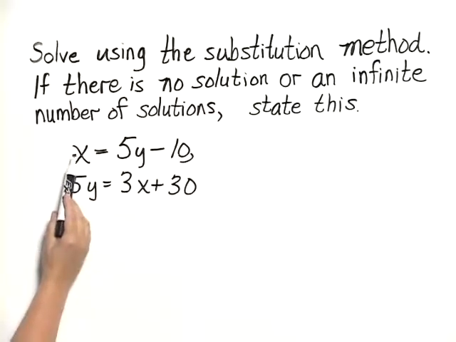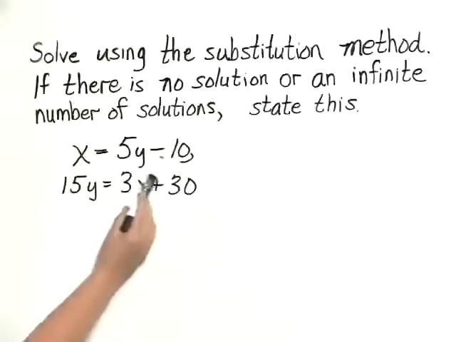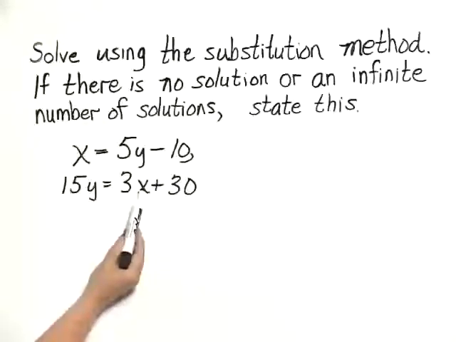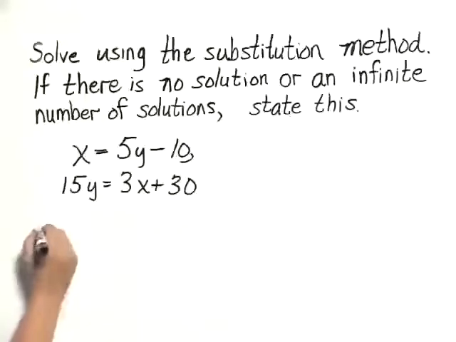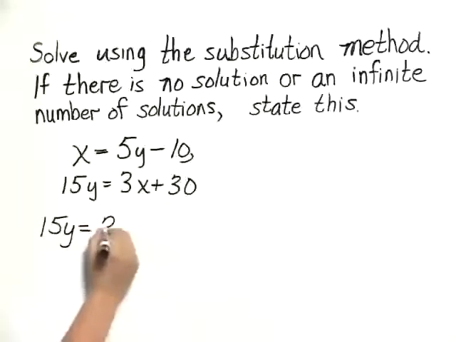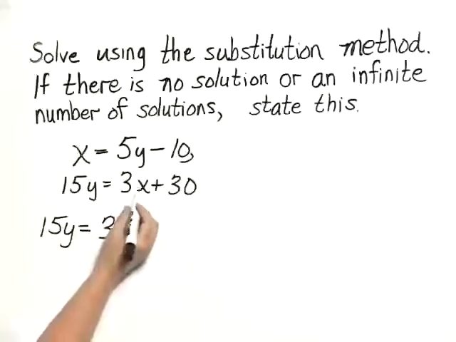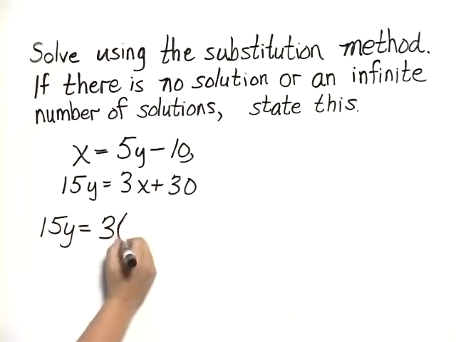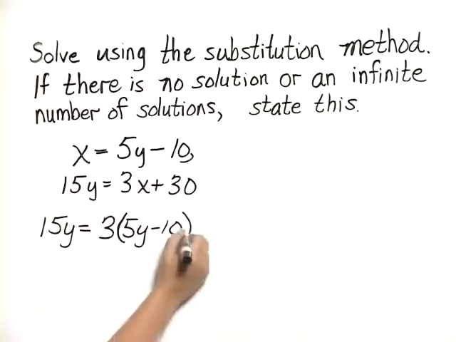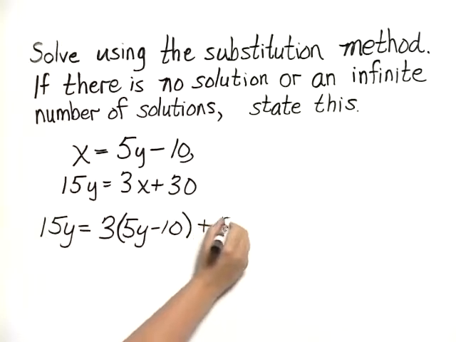So I will take the expression that x equals, that is 5y minus 10, and substitute that for x in the second equation. That gives me 15y equals 3, and it should be 3x, but I know x is 5y minus 10. So I write that, 5y minus 10, and then finish the equation plus 30.